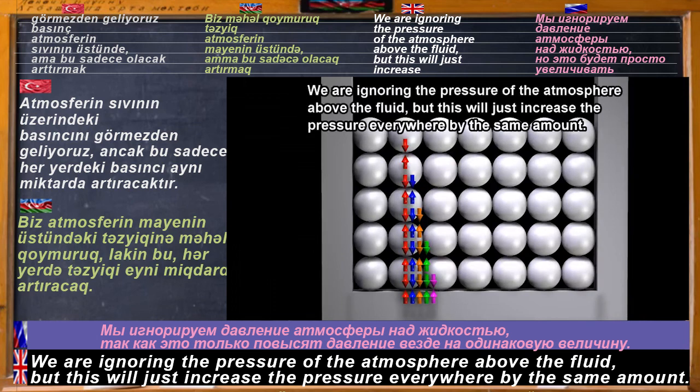We're ignoring the pressure of the atmosphere above the fluid, but this will just increase the pressure everywhere by the same amount.